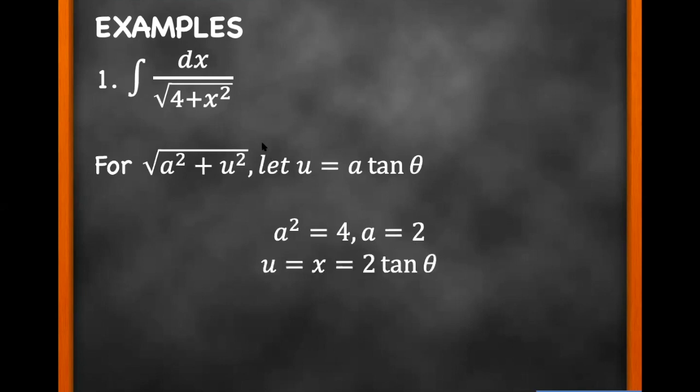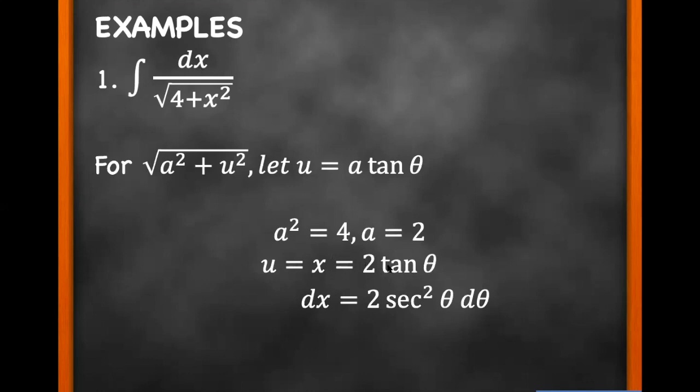You can also see that u is x. So we replace now x with a tangent theta, where a is equal to 2. So that will be replaced with 2 tangent theta. Now we differentiate x equal to 2 tangent theta, since we need to replace dx.